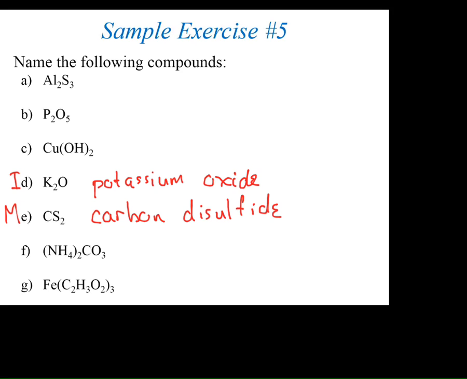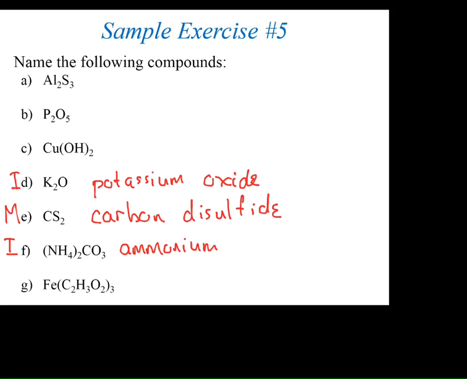Awesome. NH4 and then CO3. Ionic or molecular? That is ionic. It's a little confusing because they are all non-metals, but you should immediately think, oh, that's a polyatomic. So there's an ion, so it's got to be ionic. So how would I name that? Ammonium is the first thing.